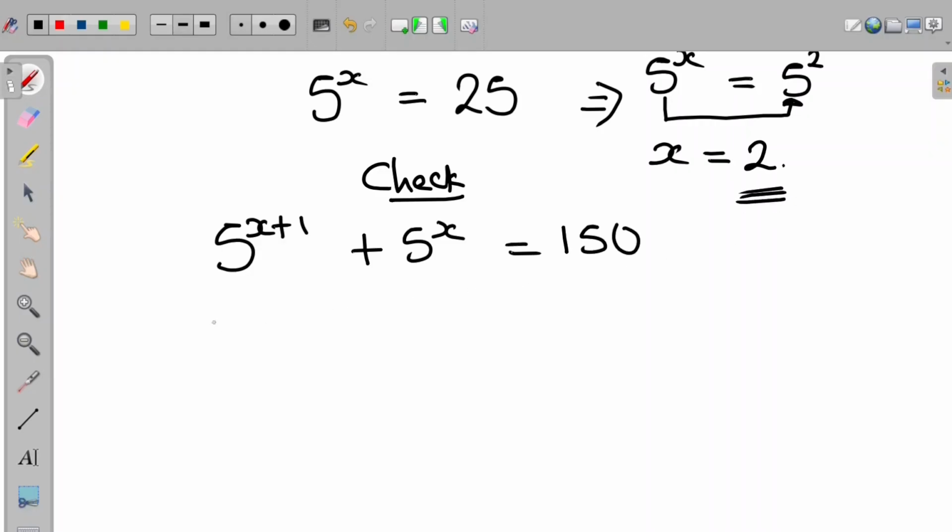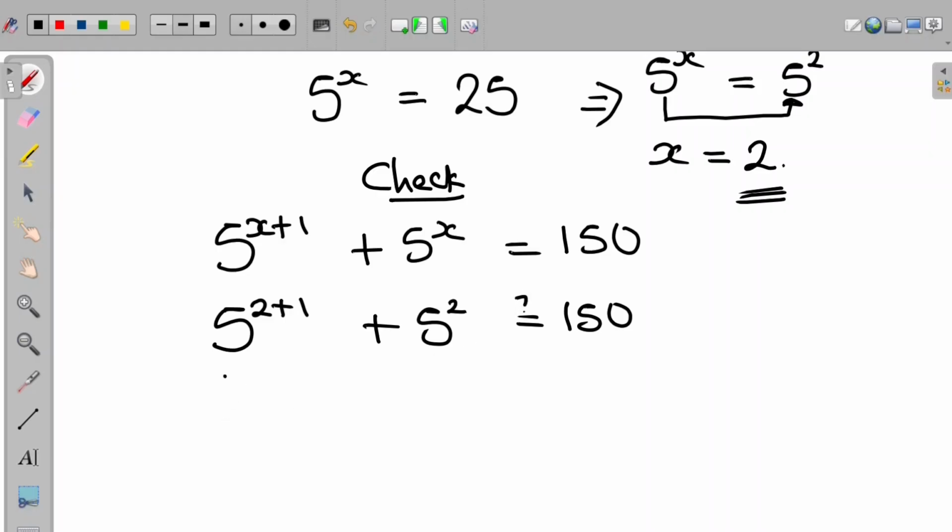So we have 5 raised to the power of 2 plus 1 plus 5 raised to the power of 2 is equal to 150. Since we are checking if it is equal, let's add a question mark here.